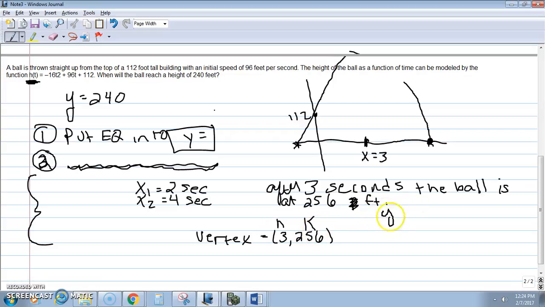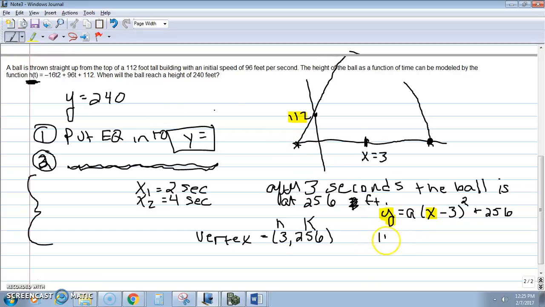Vertex form is y equals a times, oh, I'm going to have to find my a again, that's okay. a times x minus my h, which is 3, right, squared, plus 256. I also know another point. I know where x is 0, y is 112, right? So I know that my y is 112 and my x is 0. So I can put that in to solve for a.